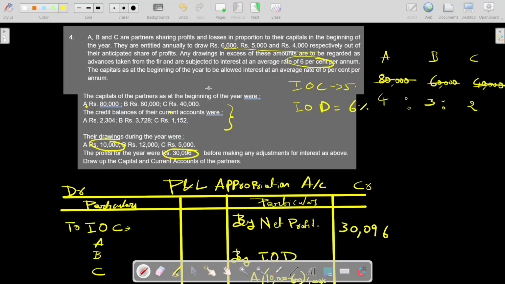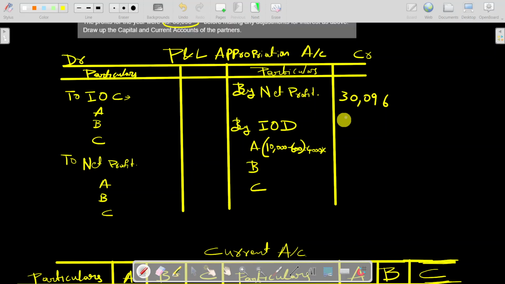So we have to charge 6% per annum. So 4,000 into 6 by 100.